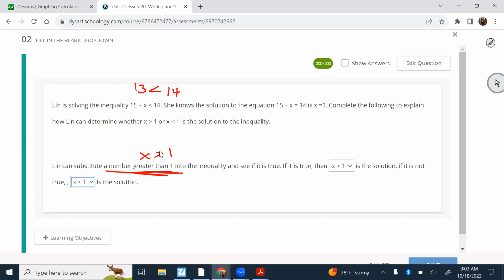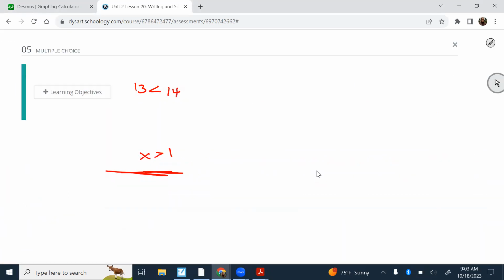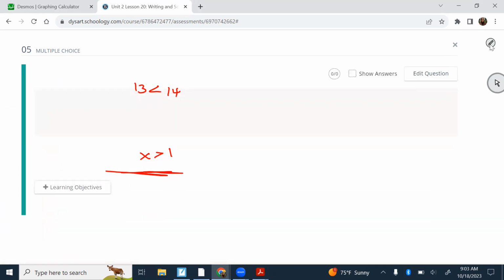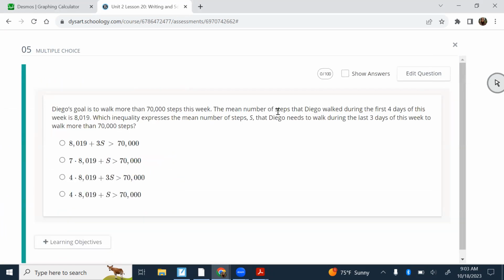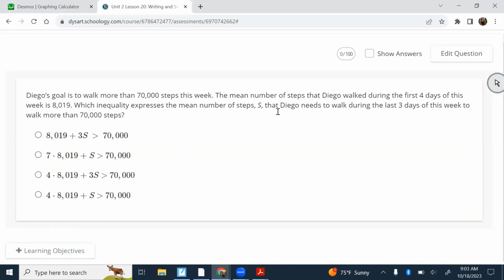Any other questions from this practice? Faith? The Diego one. All right. So Diego's goal is to walk more than 70,000 steps this week. The mean number of steps that he walked during the first 4 days is 8,019.